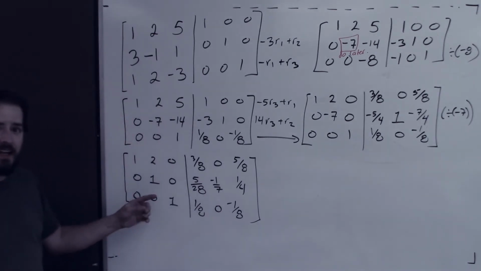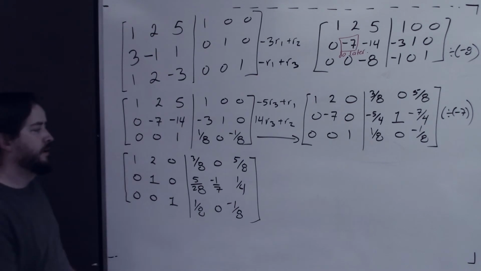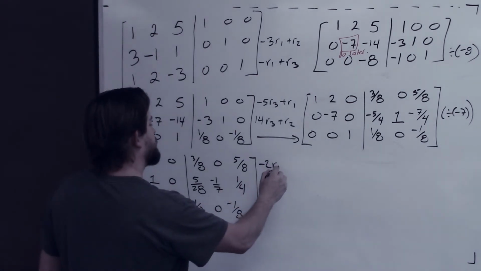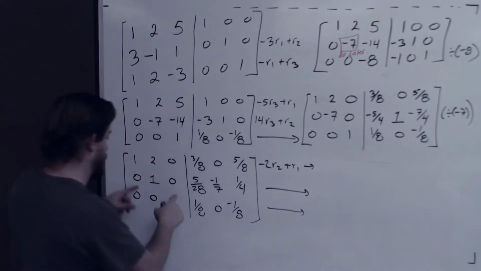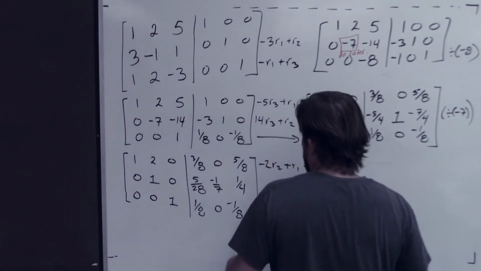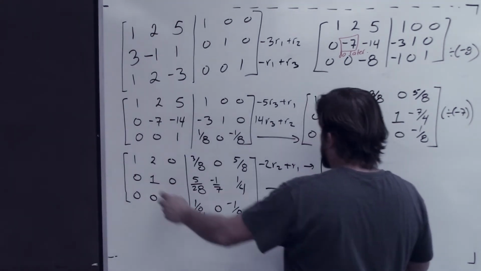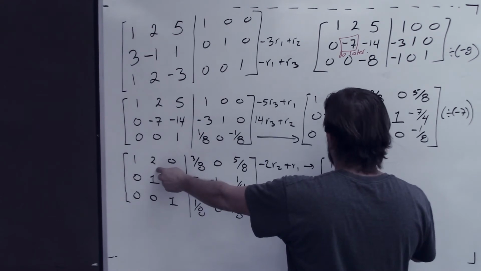And the last thing that I have to do is to get rid of this 2, and I do that with this 1. So that's negative 2 row 2's added to row 1. Everything else is how I want it. And so we get negative 2 times 0 is 0, plus 1 is 1. Negative 2 times 1 is negative 2, plus 2 is 0.